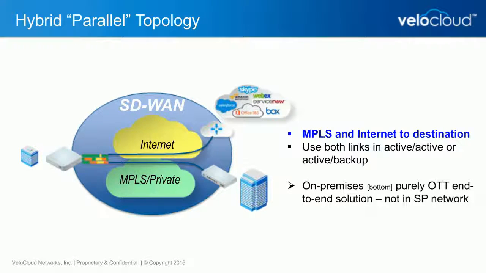So from each source to destination or branch to headquarters, we have a parallel use of a private network and internet. An enterprise can deploy this themselves, or a service provider or an MSP can manage this for an enterprise, but it's managed on-premise. So key here is it is not in the SP network, and so basically this overlay is independent of the provider services or circuits.